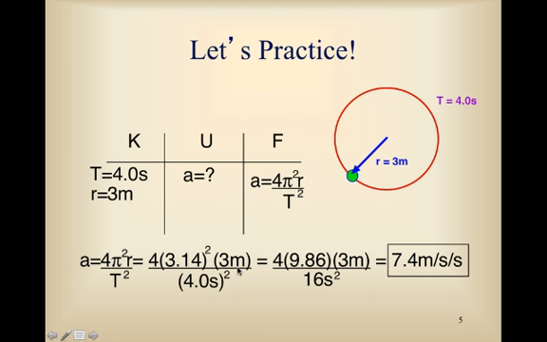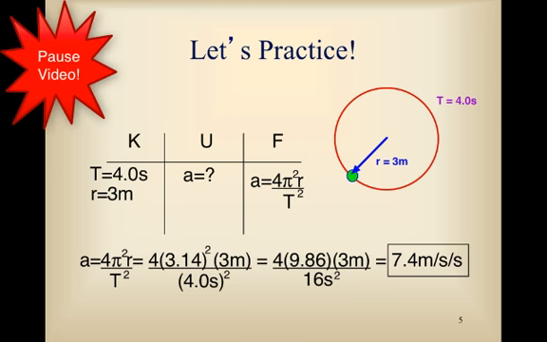And using that equation here, plugging in 4 times pi squared times the radius, and then all divided by the period squared, plugging all of that in, we would end up with 7.4 meters per second per second. So note this in your notes to show you how you can exercise this centripetal acceleration equation.